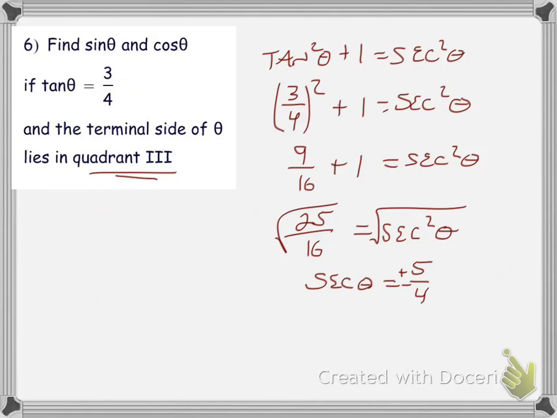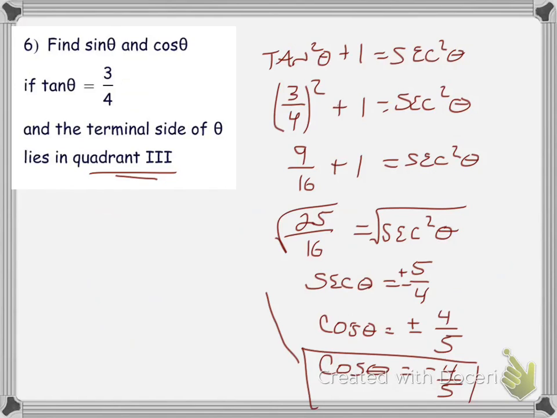And secant is the reciprocal function of cosine. So that means cosine of theta is equal to plus or minus 4 over 5. And what is cosine in quadrant 3? Cosine is negative in quadrant 3, so that means cosine of theta is equal to negative 4 over 5.